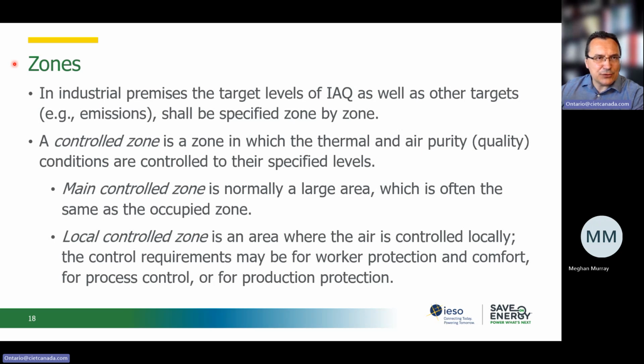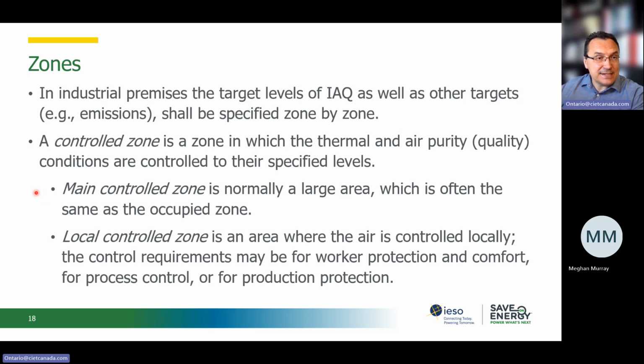In many cases, we have specific areas where we can control the emissions of various contaminants. We define this as a control zone in which thermal comfort as well as air quality need to be maintained within specific ranges.